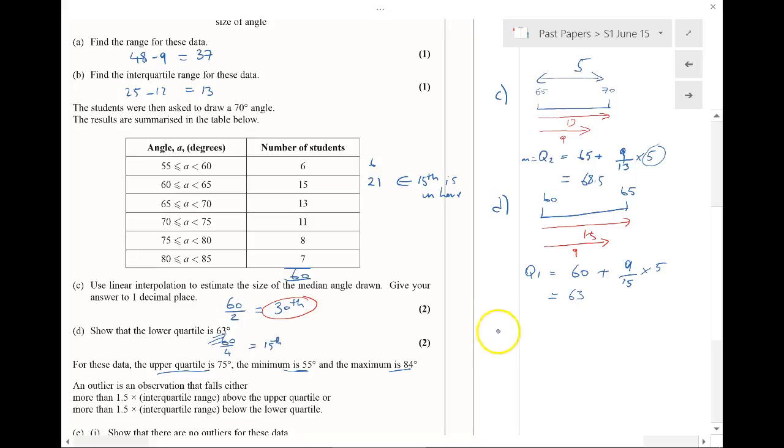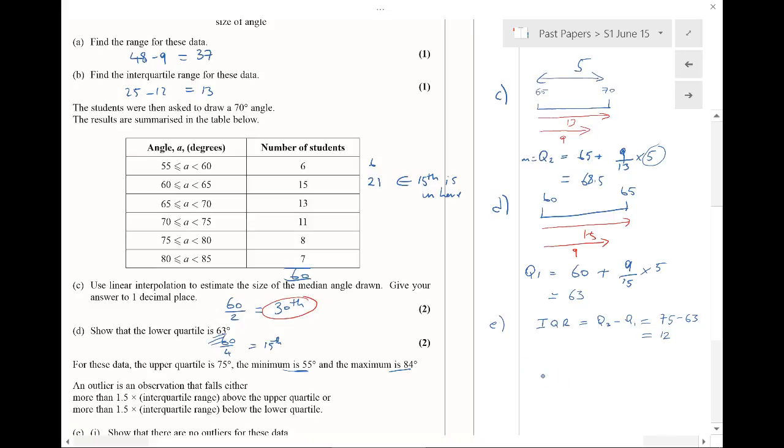So they're telling us that. Right, well, let's just work out what the interquartile range is, which is Q3 minus Q1. So that's the 75 here. Take away the 63 here. So that equals 12.